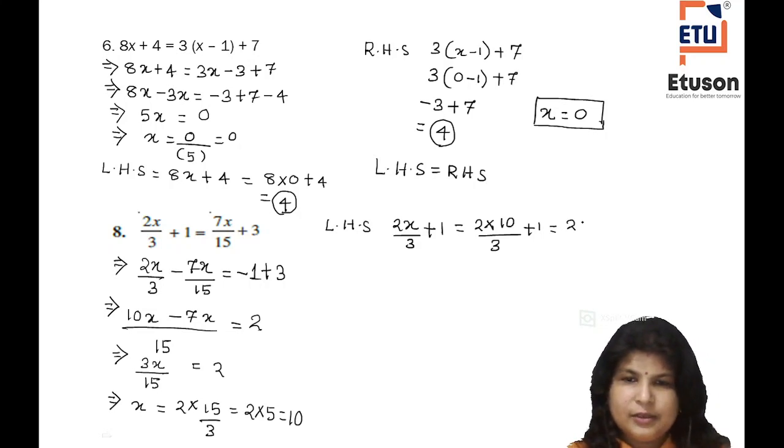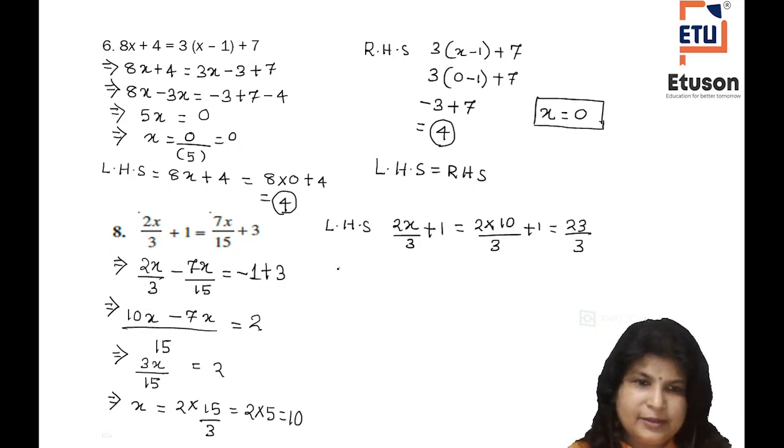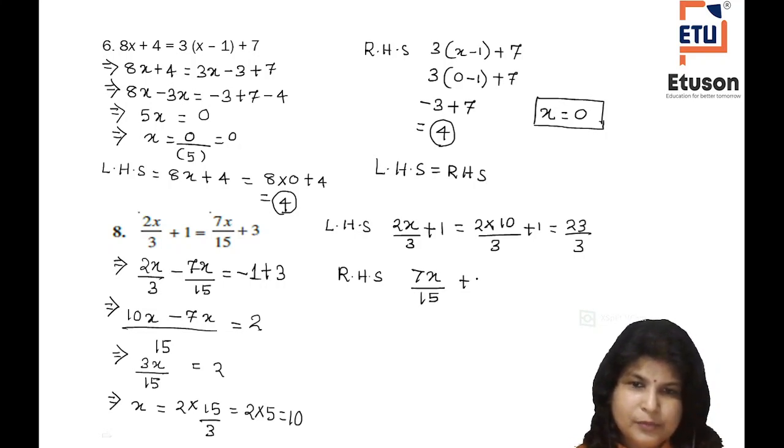That is 23 divided by 3. So let us check the right hand side of the equation, that is equal to 7x by 15 plus 3. Correct? So we are putting x is equal to 10. So that is 70 divided by 15 plus 3.